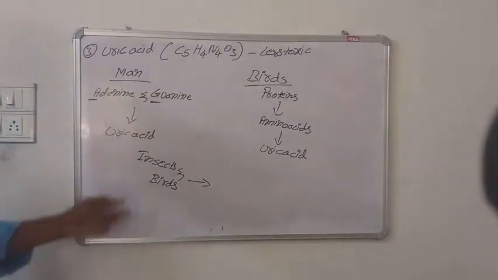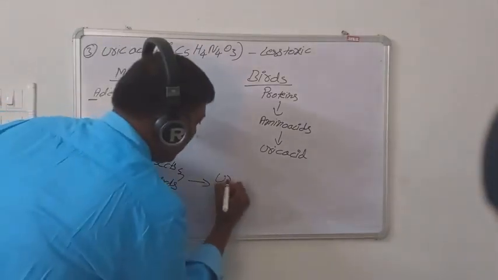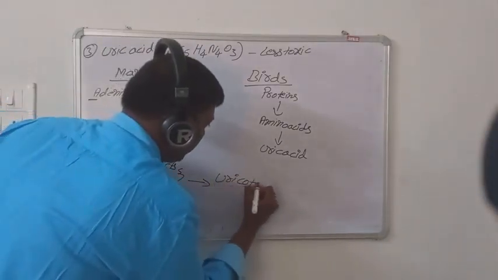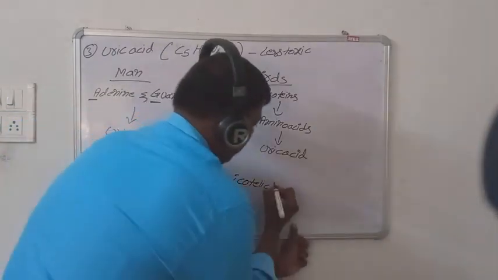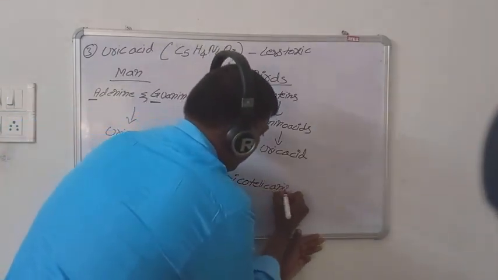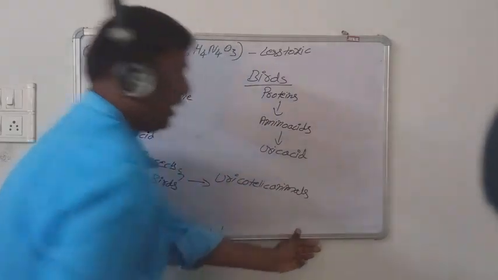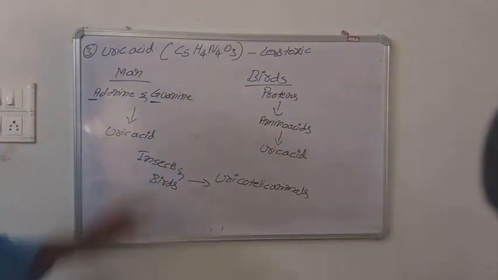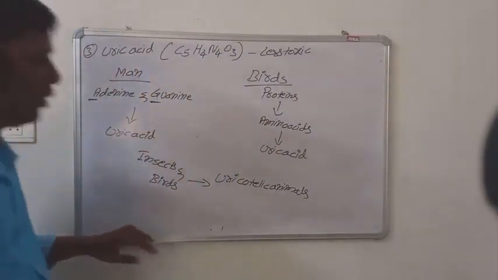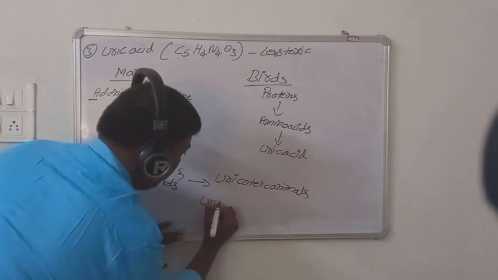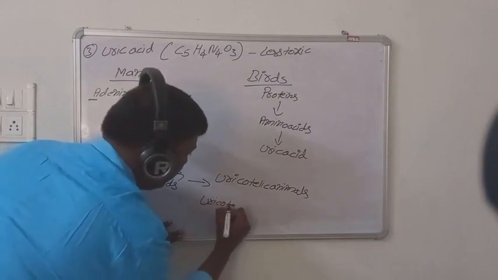Such animals are called uricotelic animals, and the phenomenon of excretion of uric acid is called uricotelism.